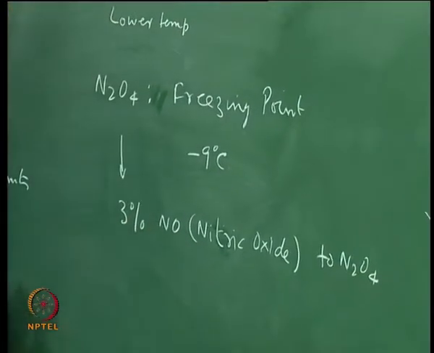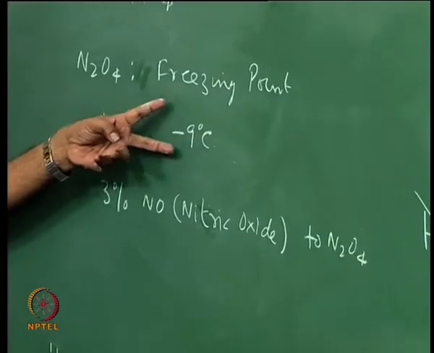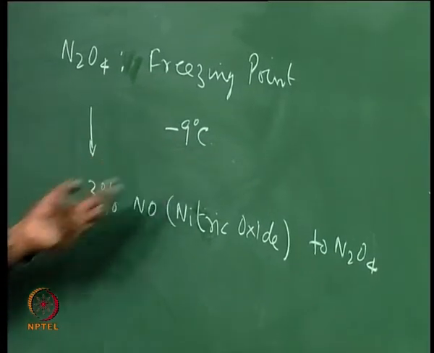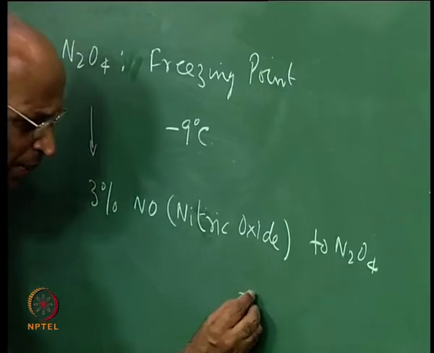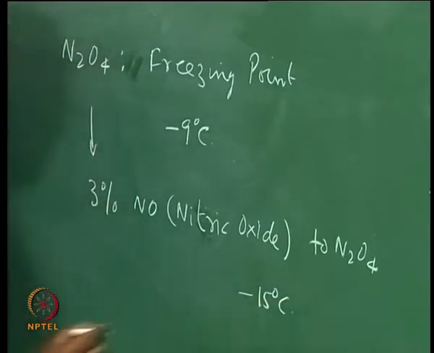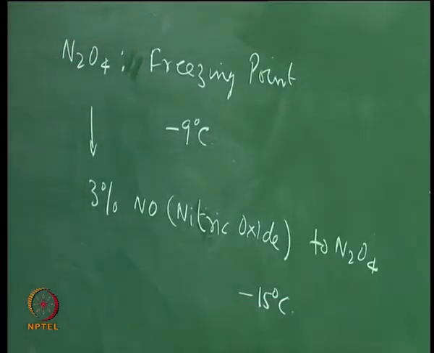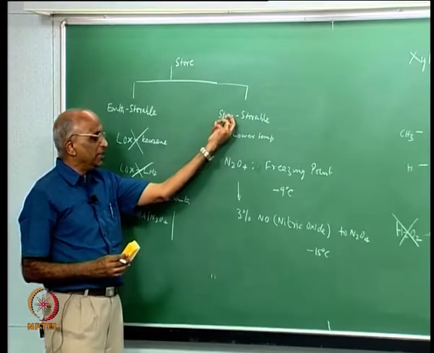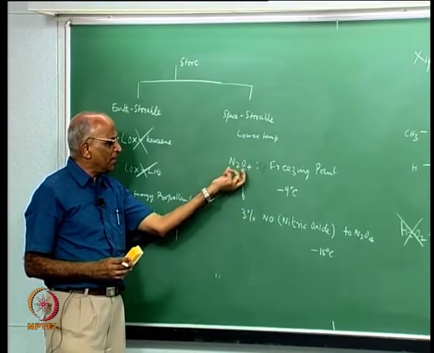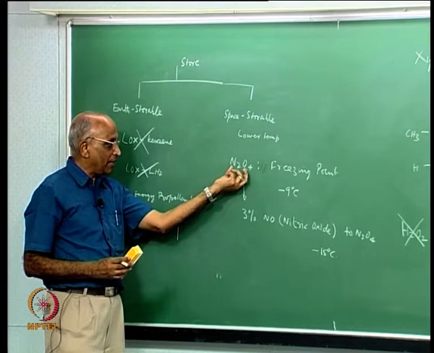I can increase the freezing point or make the freezing point, instead of being -9 degrees centigrade, to something like -15 degrees centigrade. Therefore, if I have to make the oxidizer perform in space, one of the things to be done is maybe I should add some additives like nitric oxide.